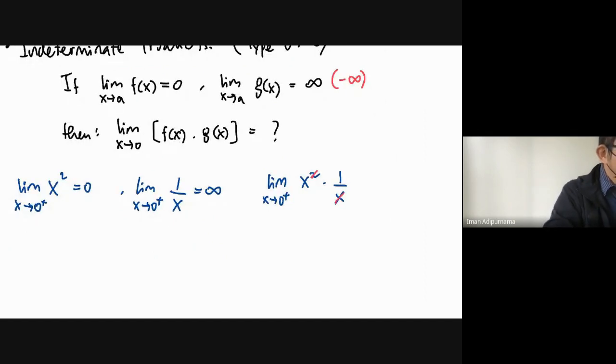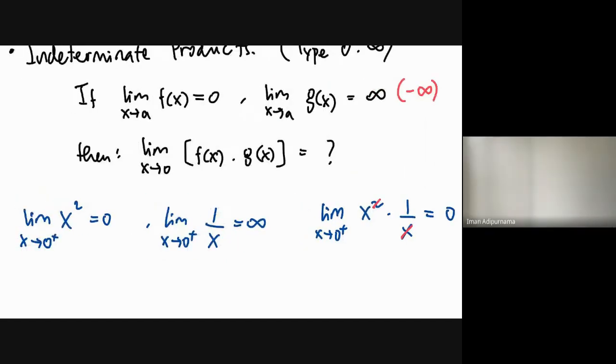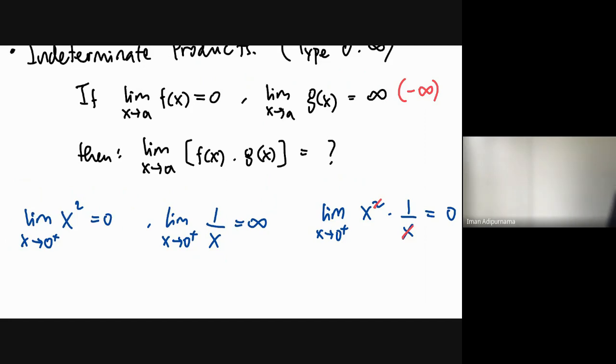We can cancel this x, and we know that this will result in 0. So actually the problem for this kind of limit, where the limit of f is 0 and the limit of g is infinity or negative infinity, is that if you multiply f and g and take the limit at the same a, you will think maybe if f wins, it will result in 0. If g wins, it will result in infinity. But we are not sure yet.